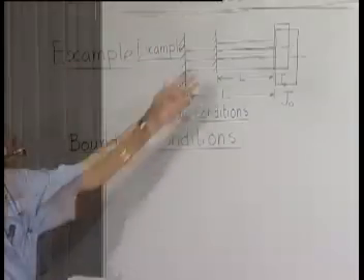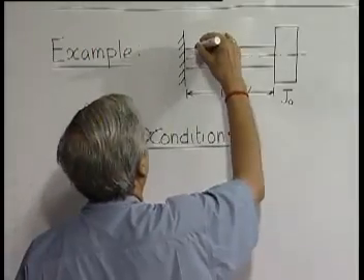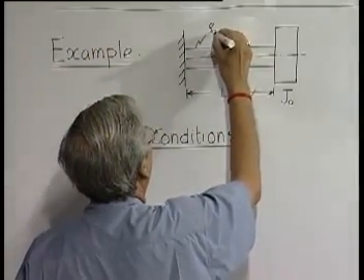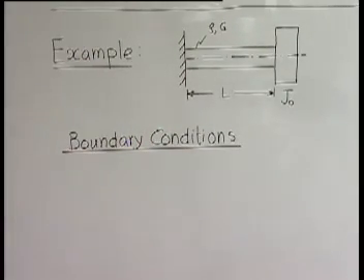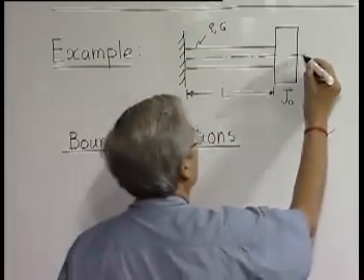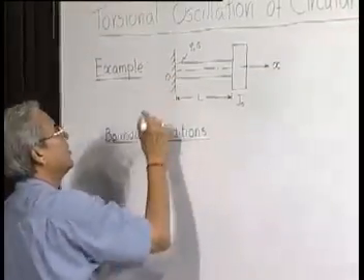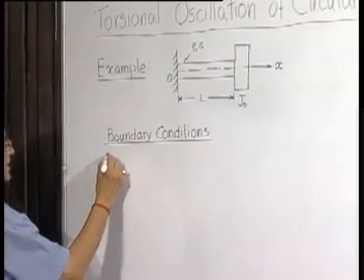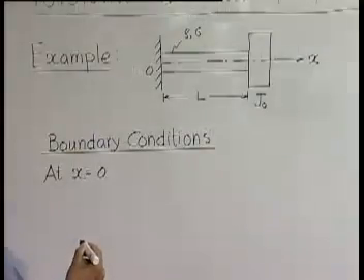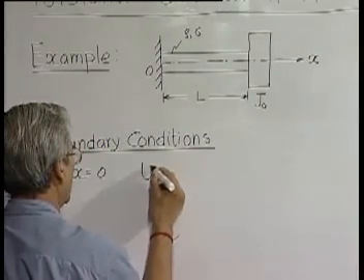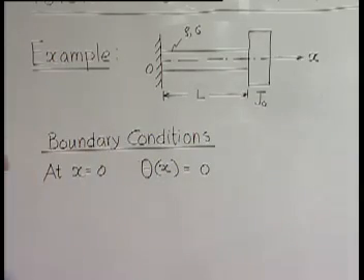You have to find out the natural frequency of this, and of course here the material density is rho, and the modulus is G. The boundary conditions we find that if we consider this to be the x-axis and that as the origin, then at x equal to 0, theta x is equal to 0, because it is a fixed end.